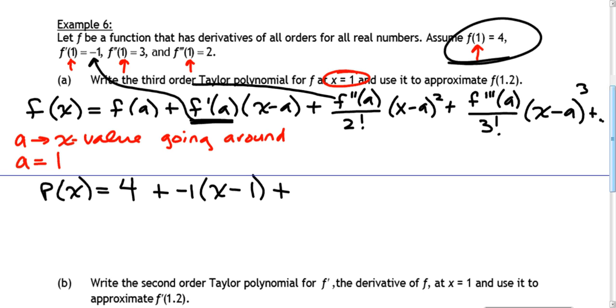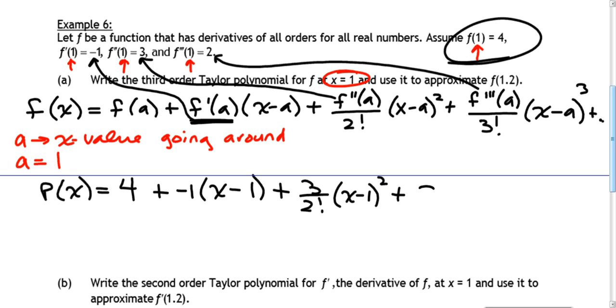F double prime is 3 over 2 factorial times x minus 1 squared, and my f triple prime is 2 over 3 factorial times x minus a. Sorry, x minus 1 cubed. And again, it told me to do the third order Taylor polynomial, which means I have done that. I am up to the third, raised to the third power. So here I have my p.